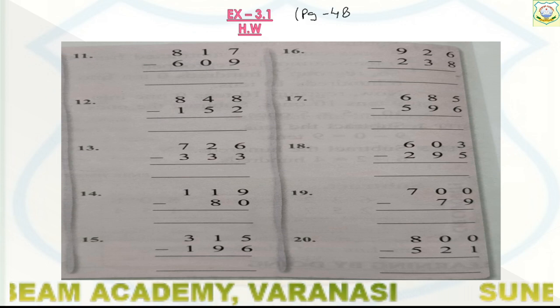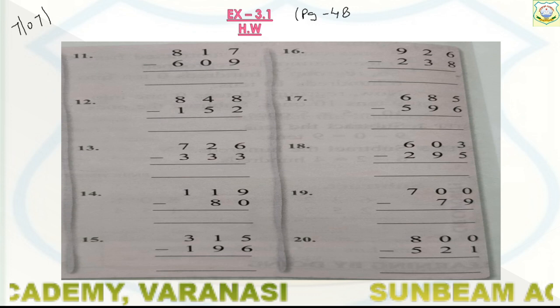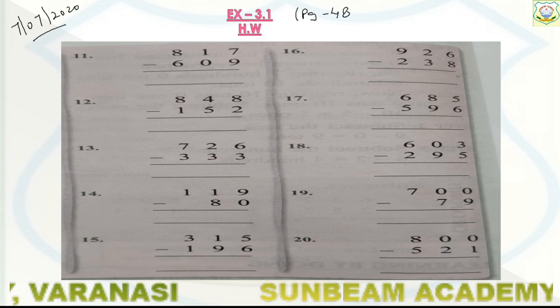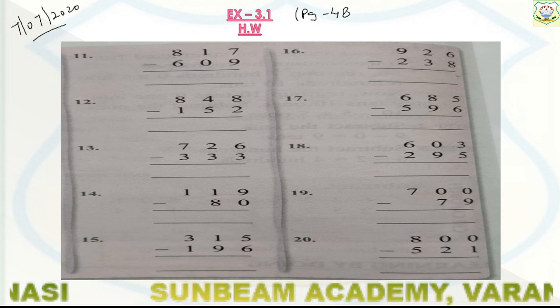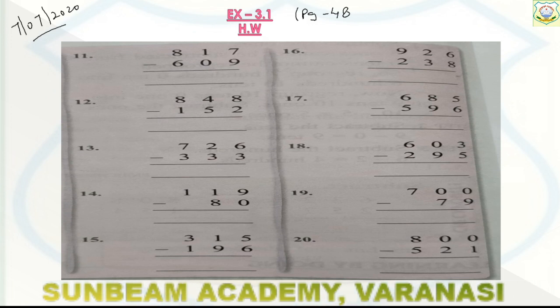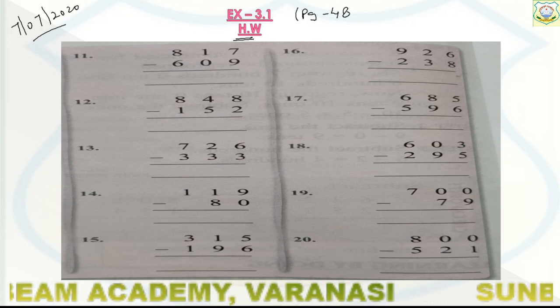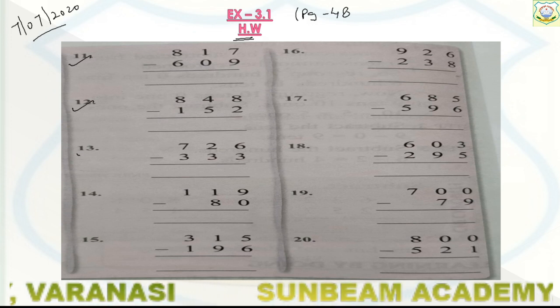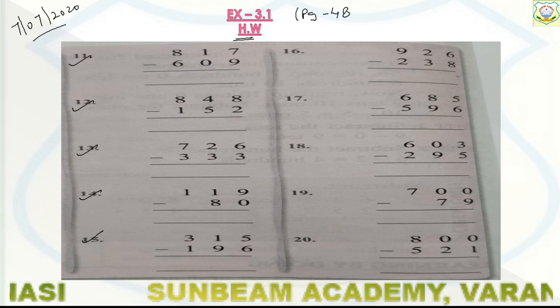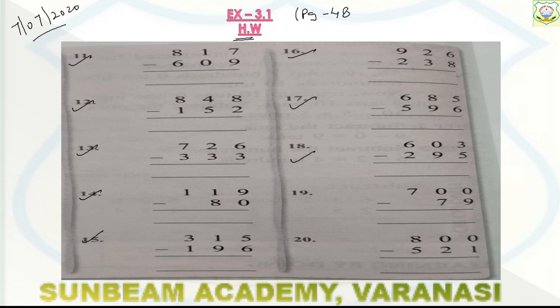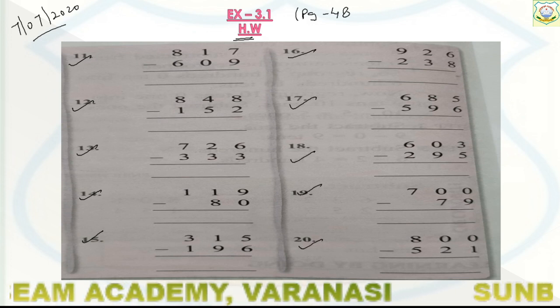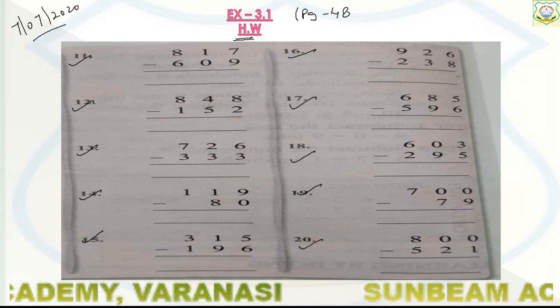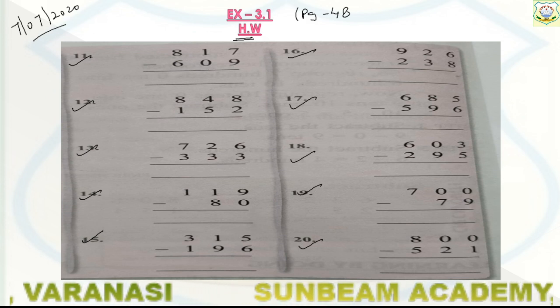And the date you have already written there, so no need to write it again. Just simply write here homework. Okay? Write down. And now you have to do questions 11, 12, 13, 14, 15, 16, 17, 18, 19 and 20. Do this much and then I will discuss the answers in the next class.